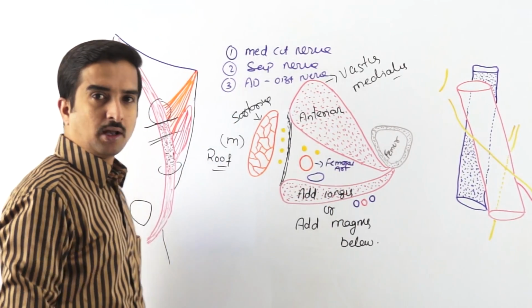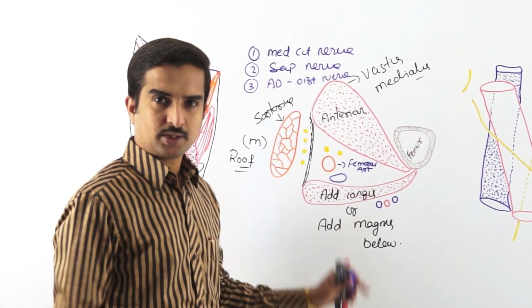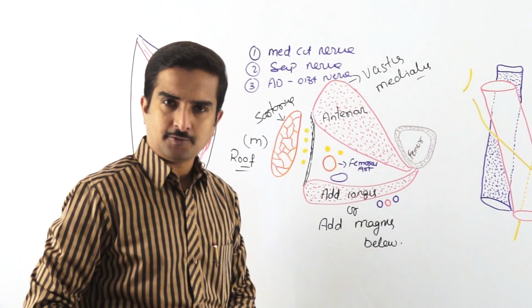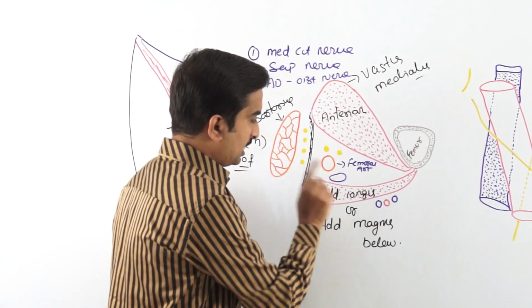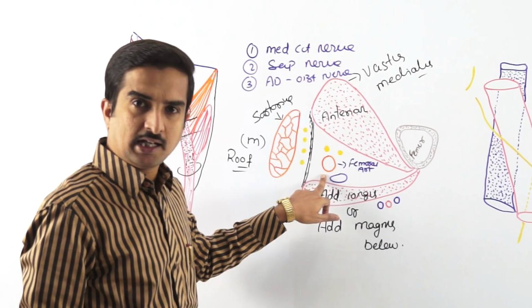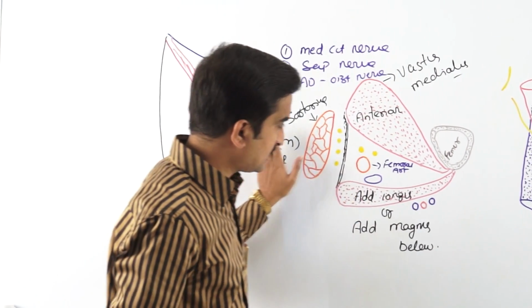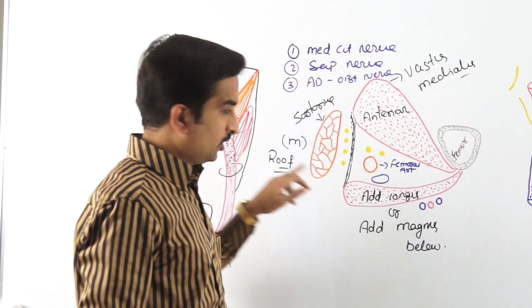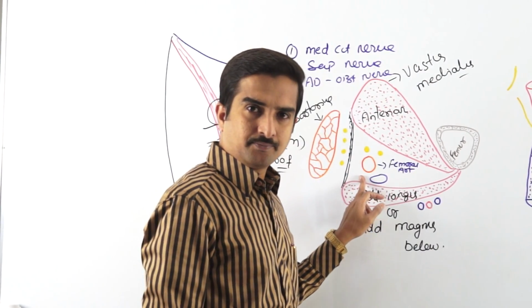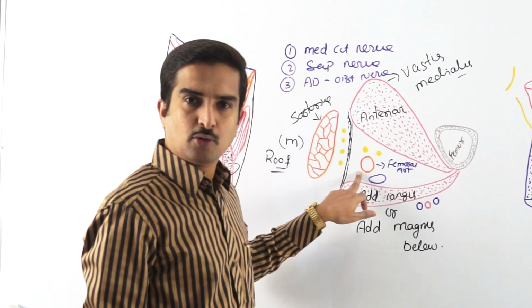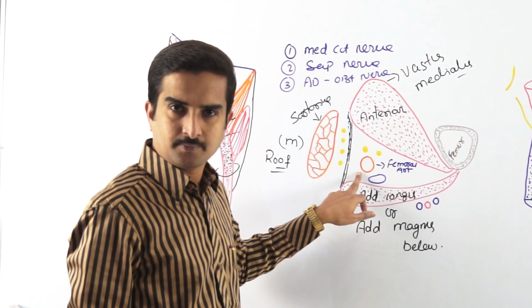Now, from a generalized point of view, behind the femoral artery in the adductor canal, in its upper part, because you are seeing the transverse section of the canal in the upper part, right? So in the upper part of the canal, we can see the femoral nerve behind the femoral artery, right?